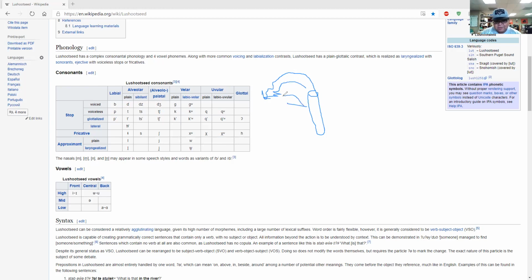It goes up like this, and your tongue naturally rests up here. Now, what this does is represent your mouth, where it curves up like that with your cheekbone.